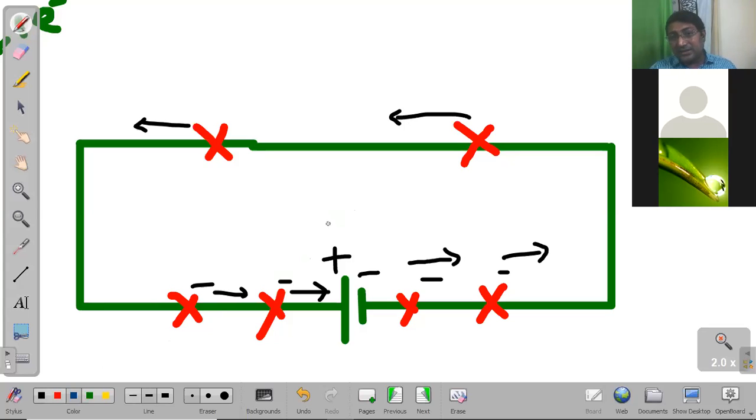The electric current that you see in your textbook, whenever you see electric current, is actually conventional current. Its direction is always from battery positive to battery negative. And electron current is the reverse. You're following electrons, and electrons always move from battery negative to battery positive.